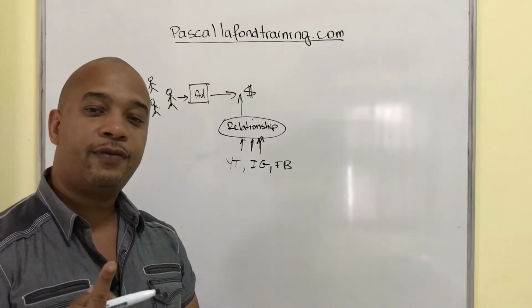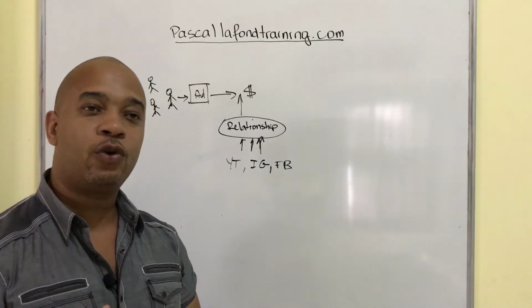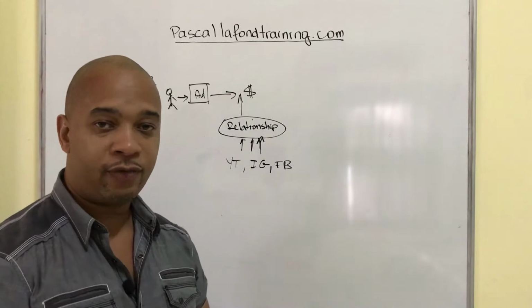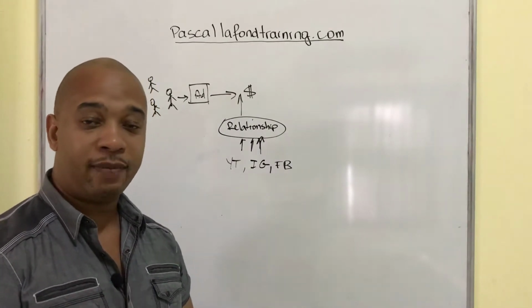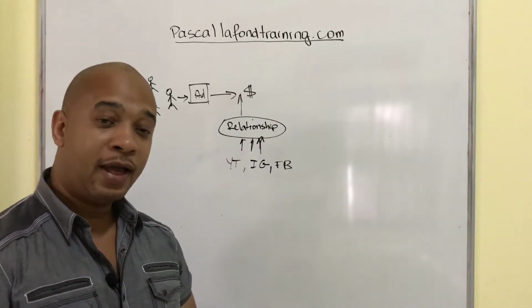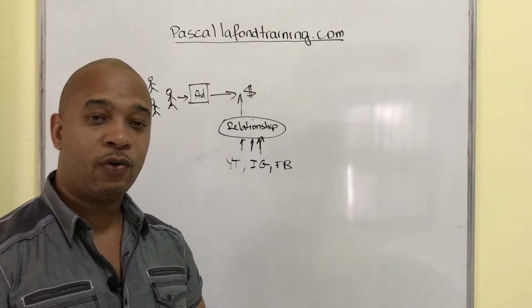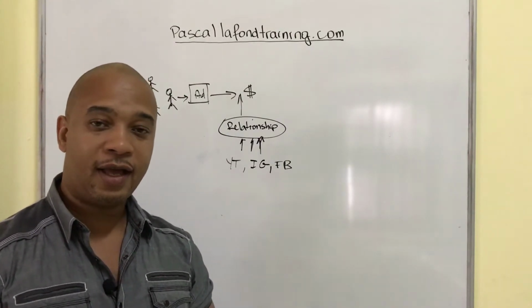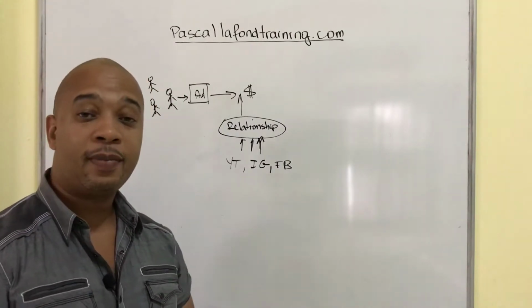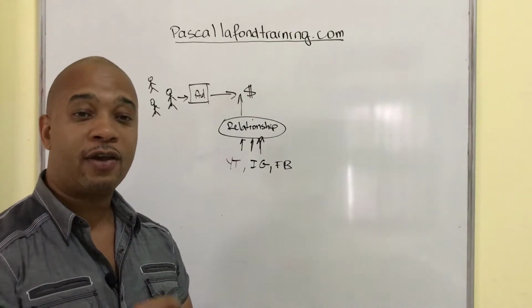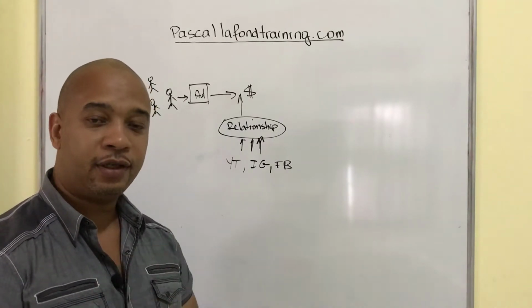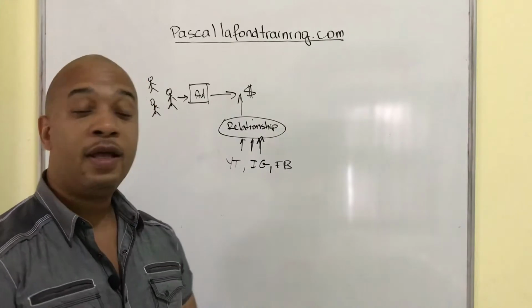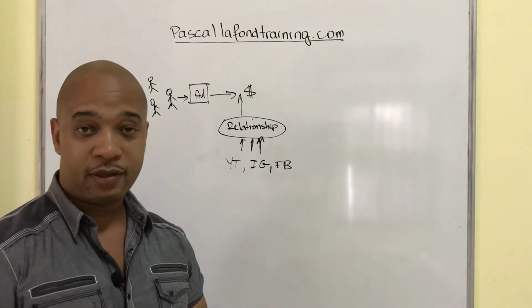The first is if you're doing personal branding, like myself. I'm branding myself, Pascal Lafond, so I'm creating content around the niche that I picked. I'm in the make money online niche, so I create relevant content around that. But you could have a business also.